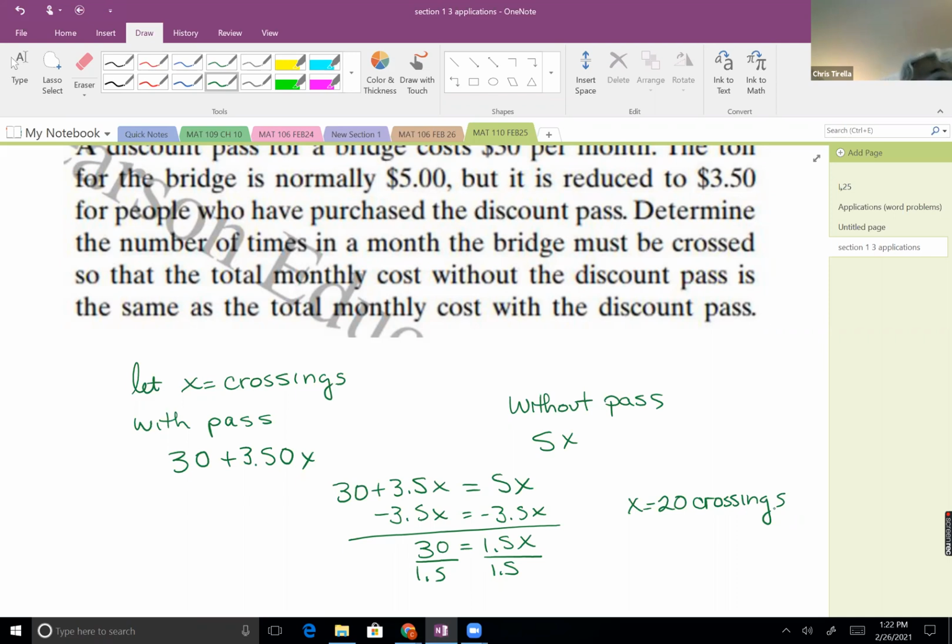Did anybody else get that you would have to cross that bridge 20 times? Yes. Any questions on that one?